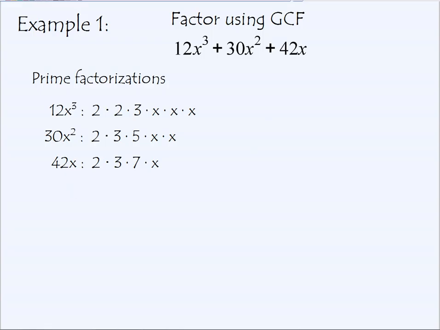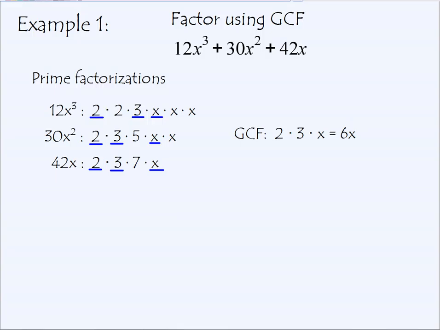Remember those factor trees. If I look at what all of these have in common, this time it has to be in common to all three. Notice how they all have a 2, they all have a 3, and they all have at least one x. That's what I'm going to multiply together to get my greatest common factor.